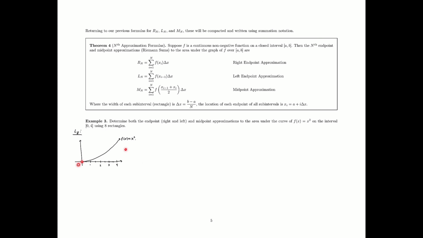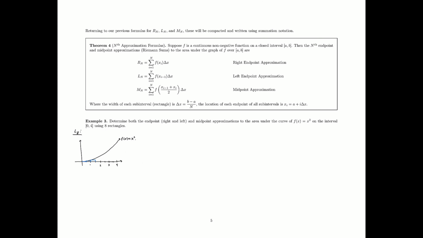So what is f of 0? Well, 0. So the first rectangle has a height of 0. The next rectangle has a height of f of a half, so has a height of a quarter. So there you go, slightly bigger rectangle. And then here, this is going to have a height of f of 1.